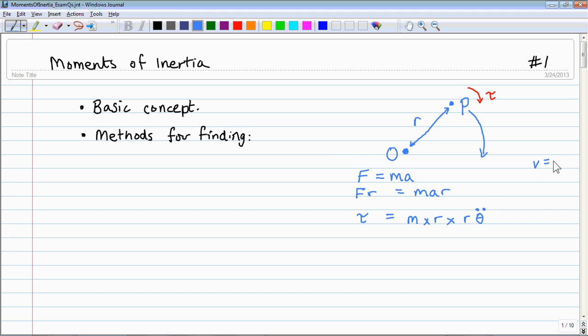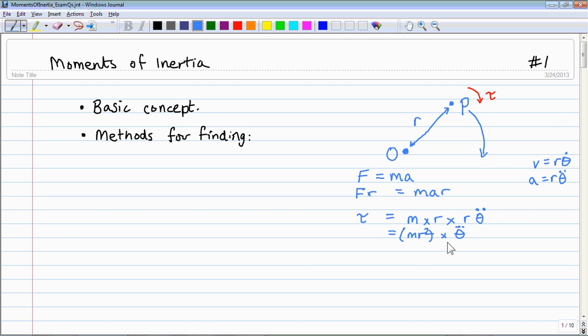Because v equals r theta dot, if we differentiate with respect to time again we get dv by dt, or a equals r d by dt of omega, or theta dot, which is theta double dot, the angular acceleration. So when we look at this equation, we see we've got the following relationship: torque is equal to mr squared times theta double dot.